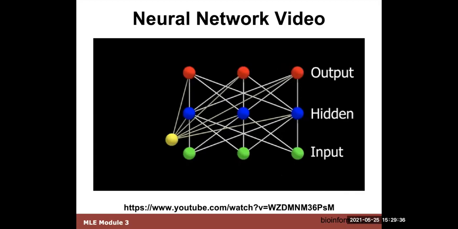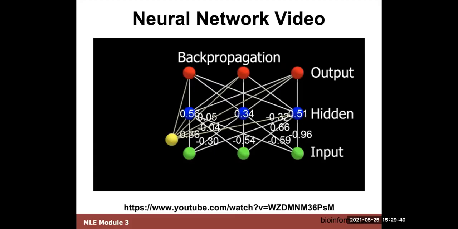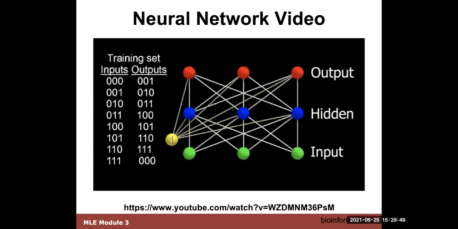To train it to do that, we use something called the back propagation algorithm. It's called that because first we go one way through the network from input to output, and then propagate back from output to input, adjusting things. We start by making up what's called a training set. The training set consists of the inputs and what we expect as output for each input. So if we give it input 000, we want something close to 001 at the output.